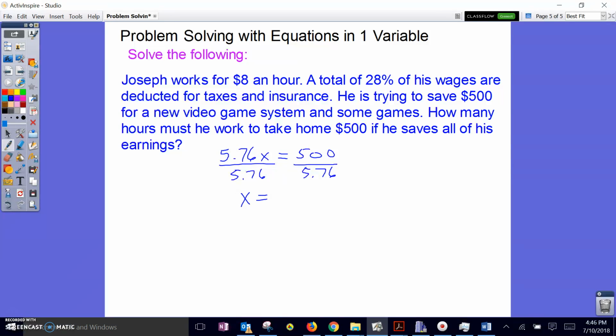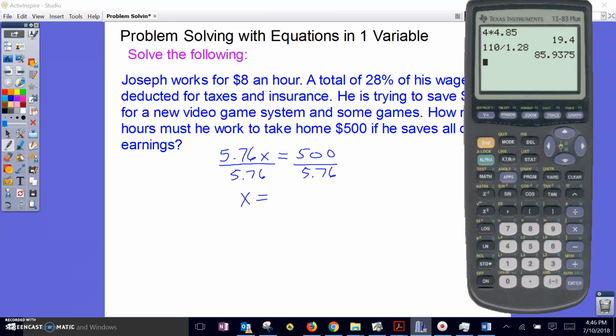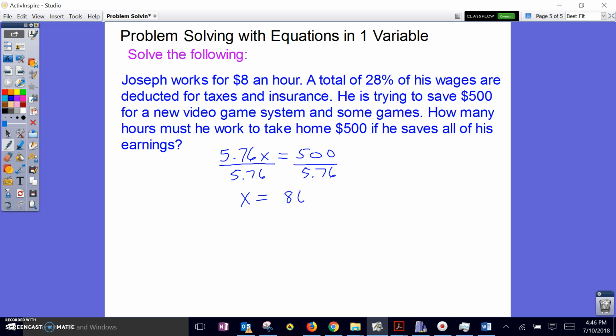And so we've got x equals 500 divided by 5.76. We get 86.805, 5 repeating. Now, when we write this answer, we're asking how many hours must he work.